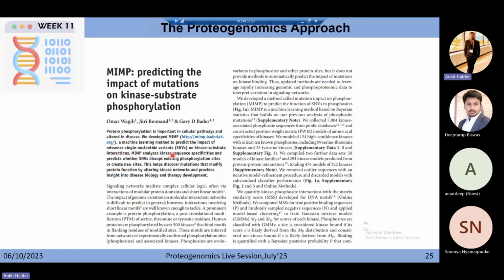So MIMP analyzes kinase sequence specificities and predicts whether SNVs disrupt existing phosphorylation sites or create new sites.